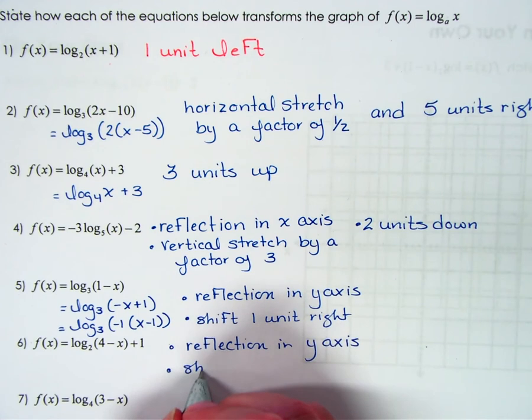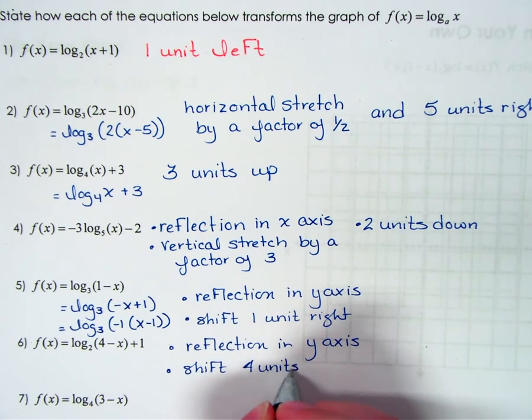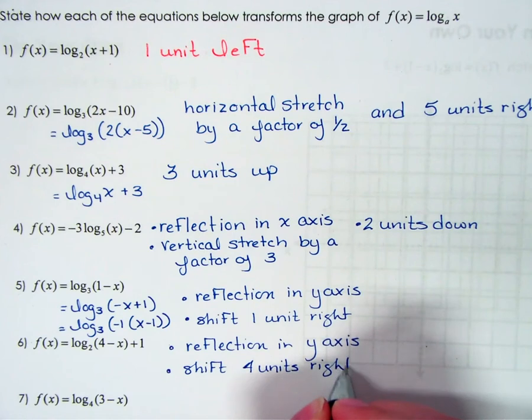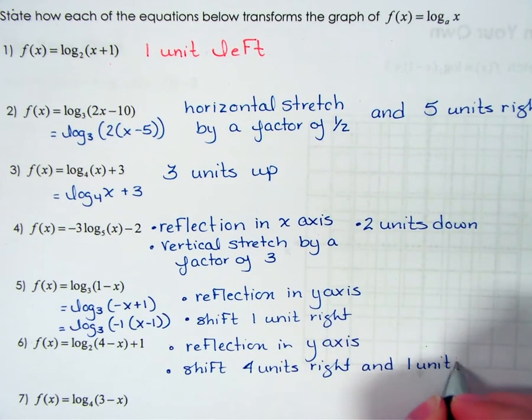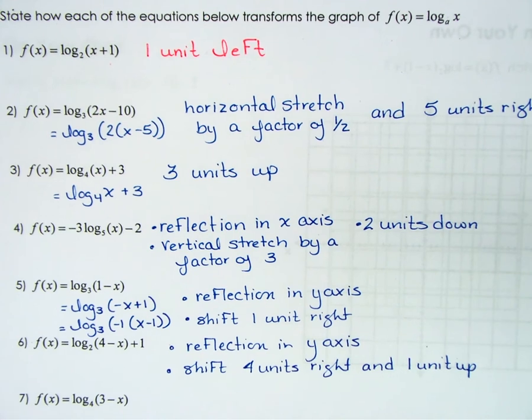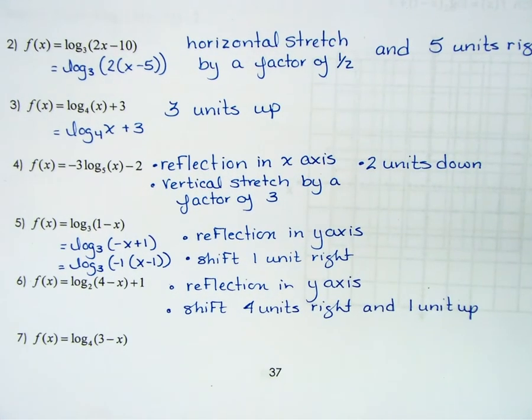We have a shift 4 units right and 1 unit up. And the last one's just a repeat of number 5.